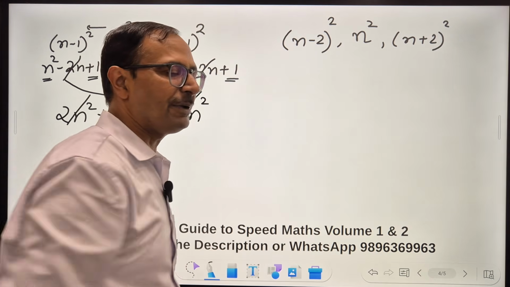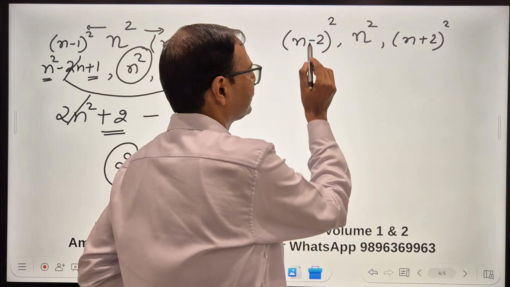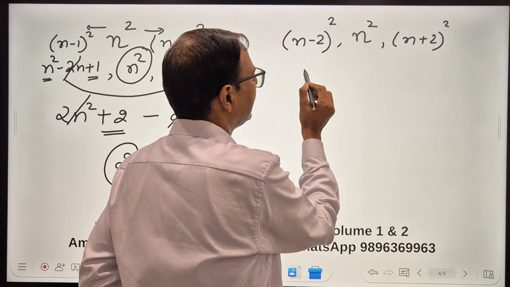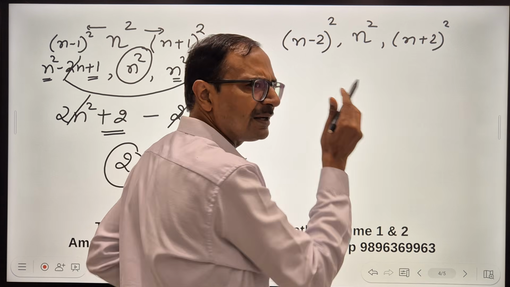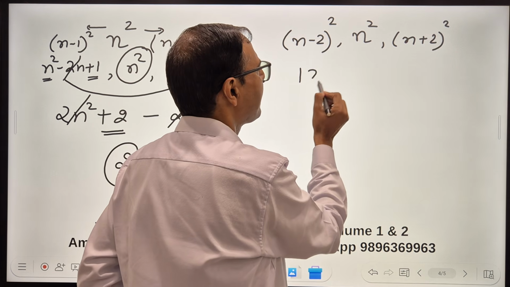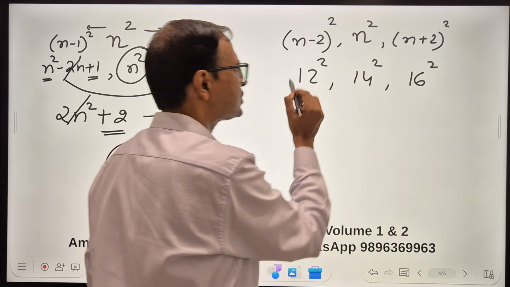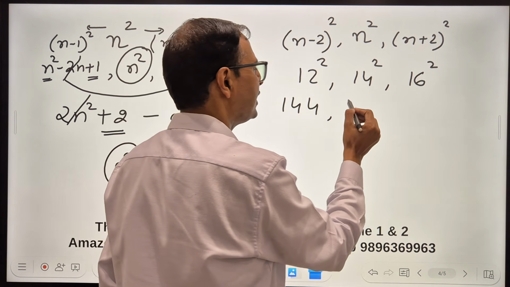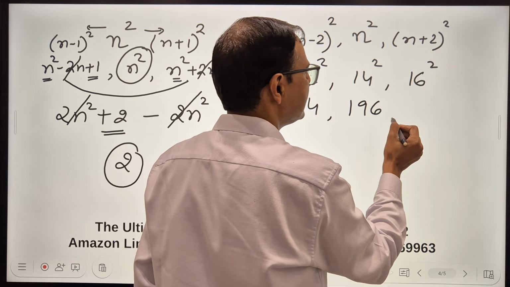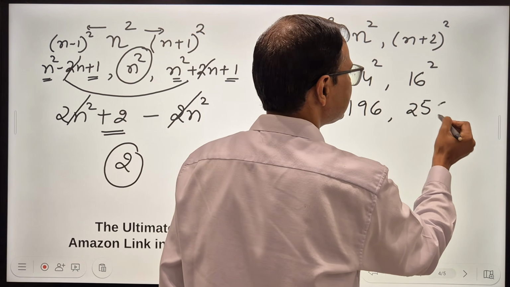Now what is going to happen? Let's take an easy example: 12 square, 14 square, 16 square. 12 square is 144, 14 square is 196, 16 square is 256.